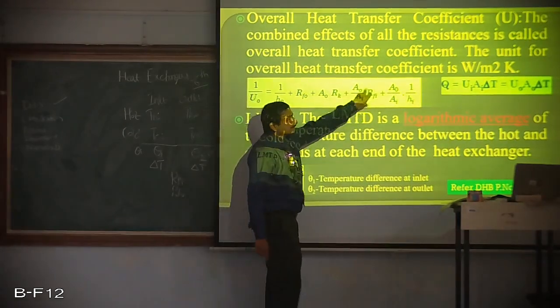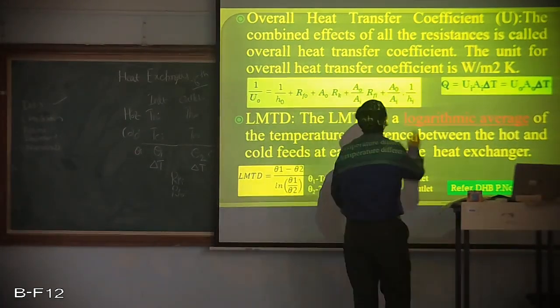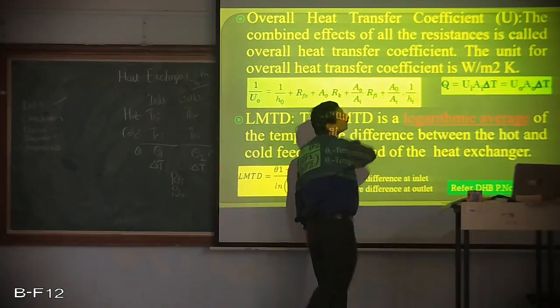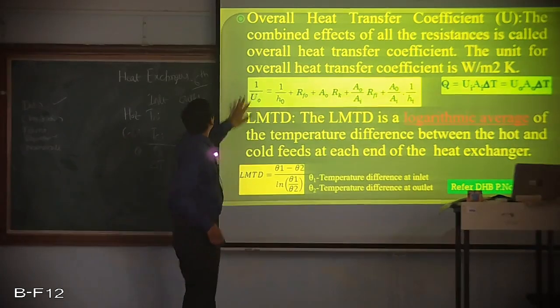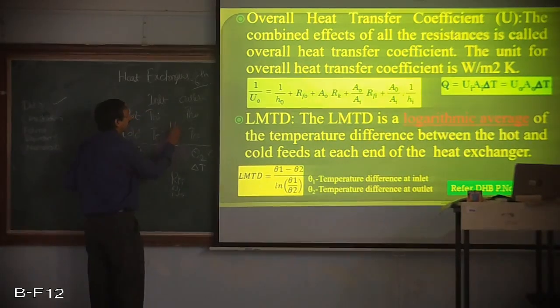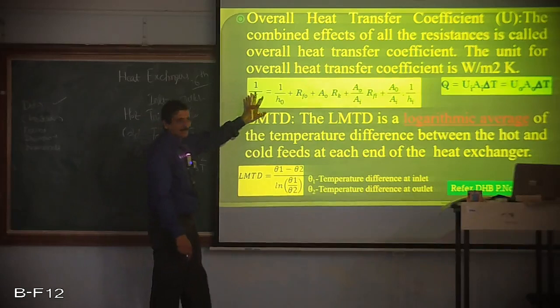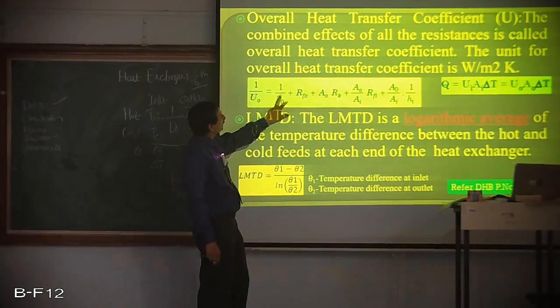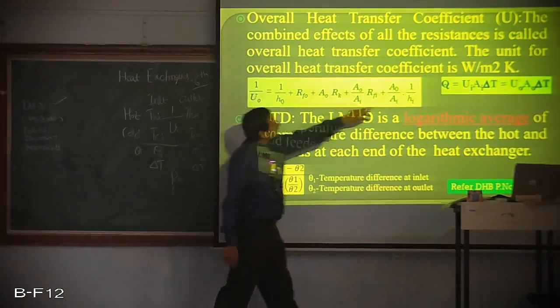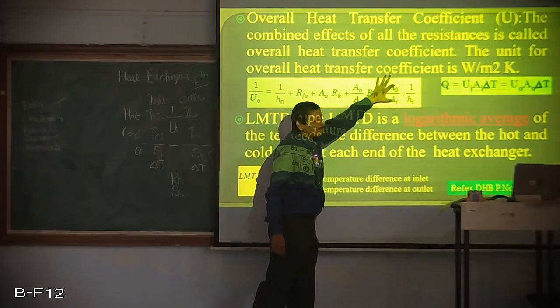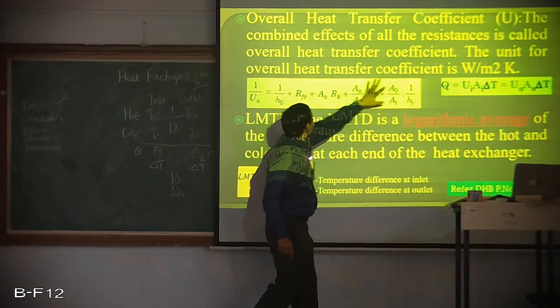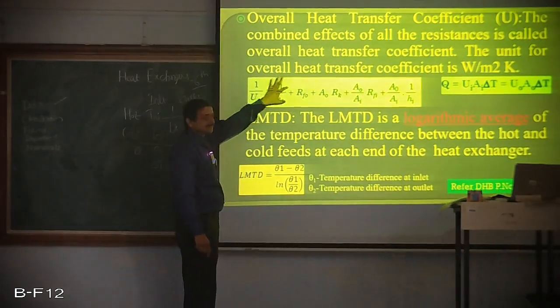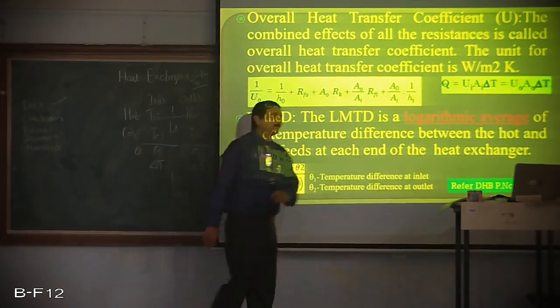Wherever the inner surface resistances are involved, we have taken this ratio, that is the Ao by Ai ratio. Suppose if I want Ui, 1 upon Ui, then what will be the equation? The equation is the same, but wherever the i's are there, that will be free of the ratio of the areas, but wherever the outer surface resistances are there it will be included.